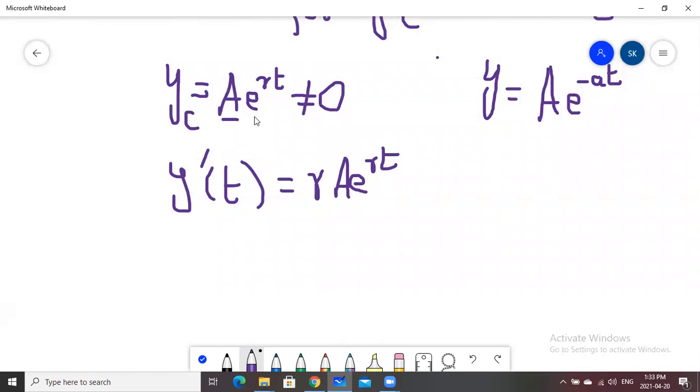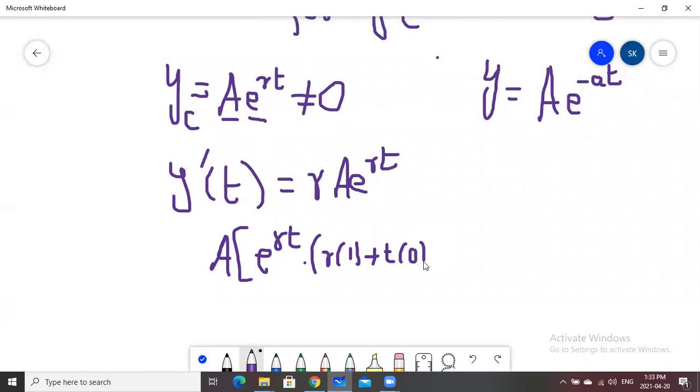We will take this on one side, let it be u and let it be v. That is u into derivative of v will become e raised to power rt, into, now we take the derivative of rt, that is again we will get u into derivative of t plus v into derivative of u. U is some coefficient, r is a coefficient, therefore its derivative will be equal to 0.